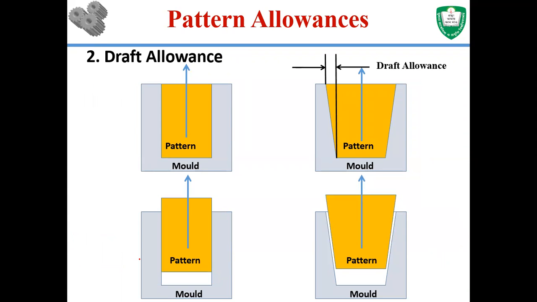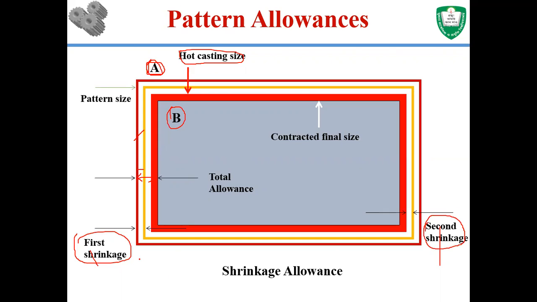So the next one is the draft allowance. That is the end of the shrinkage allowance. To summarize, shrinkage allowance is the reduction of volume of the molten material due to the decrease in temperature. If you are using a pouring basin or pouring sprue and also the riser, then you can ignore the first two contractions, but the third contraction you have to consider.